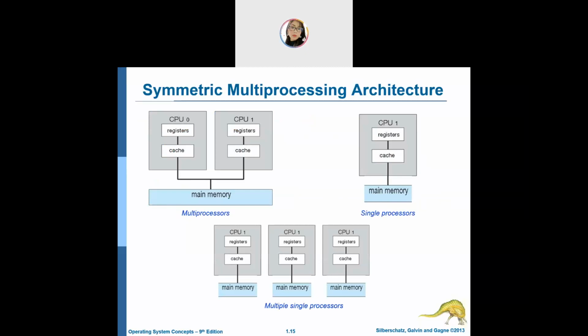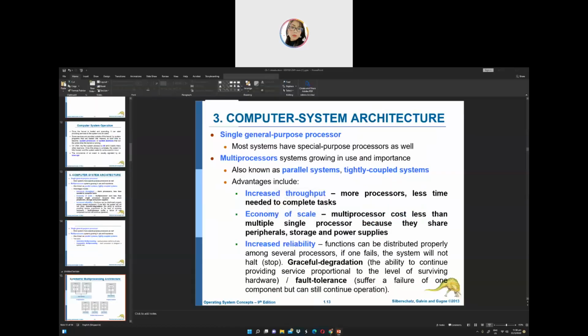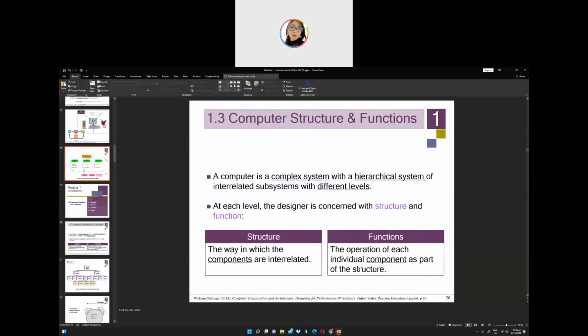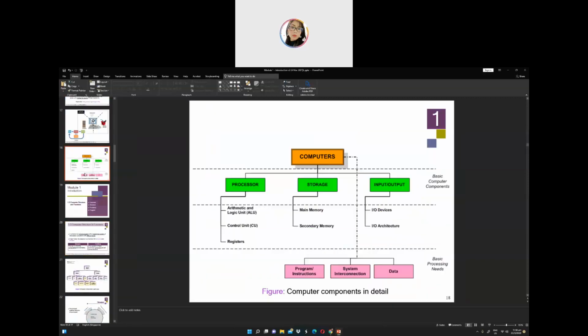This is an example of a single processor. You have your main memory here. Inside this, if you still remember, is your processor. You have three important things. If you still remember in your COA, in the first or second module, you always need to refer back.